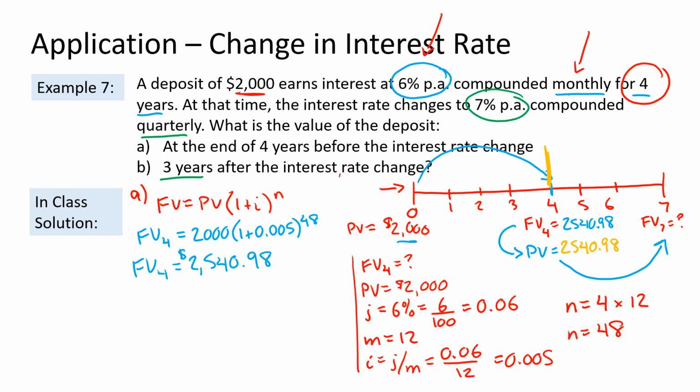Now what we're going to do is find the future value 3 years after that, because if we start at this time period, we can use the new interest rate, which is 7%. Once again, we're now going to go from this point at year 4 into the future to year 7.